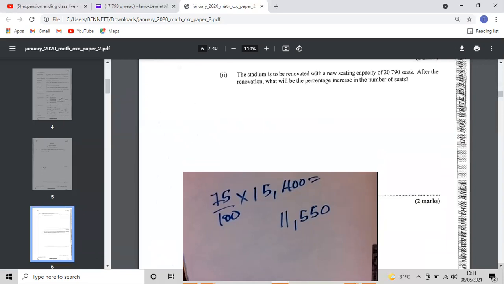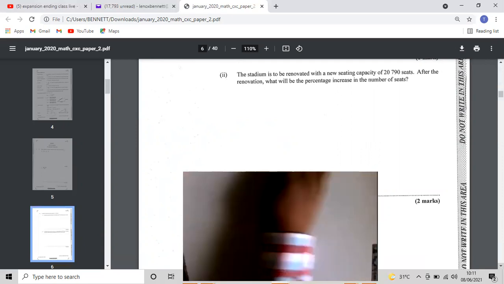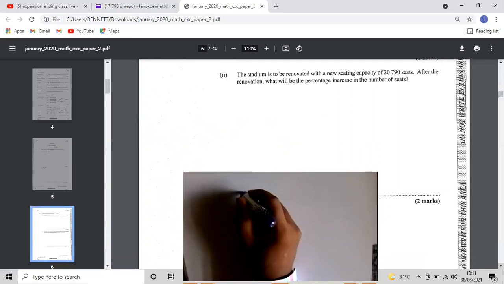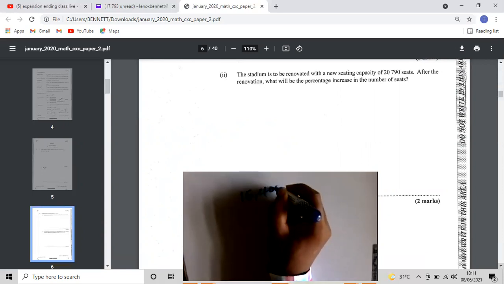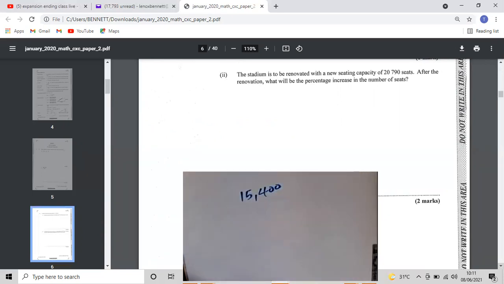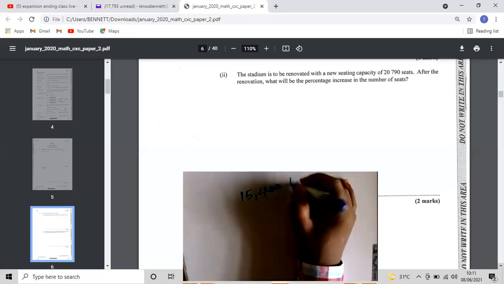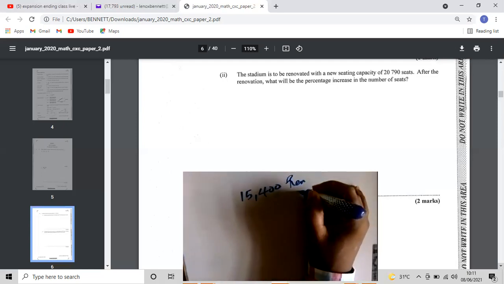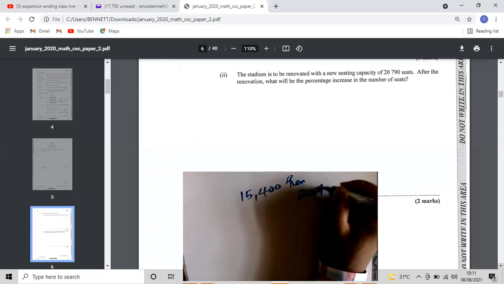Now they say the stadium can be renovated with a new seating capacity of 20,790 after the renovation. What will be the percentage increase of seats? Let us rewrite it first. Currently it can hold 15,400, and when it's renovated, it can hold 20,790.